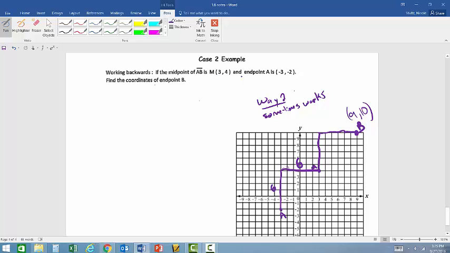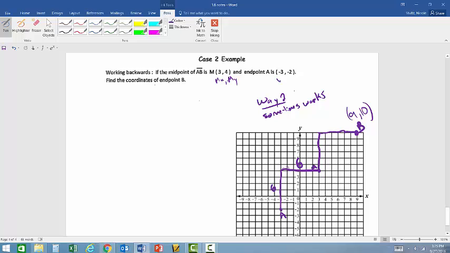So what we're going to do is I'm going to label this not x1, y1 because it's a midpoint, not an endpoint. So I'm going to label this mx and my. Might look weird, but that stands for the midpoint of the x's and the midpoint of the y's.